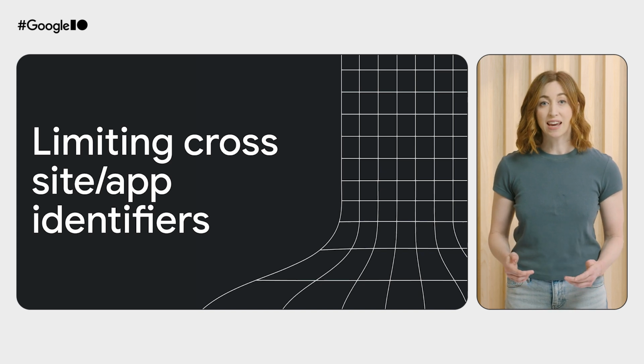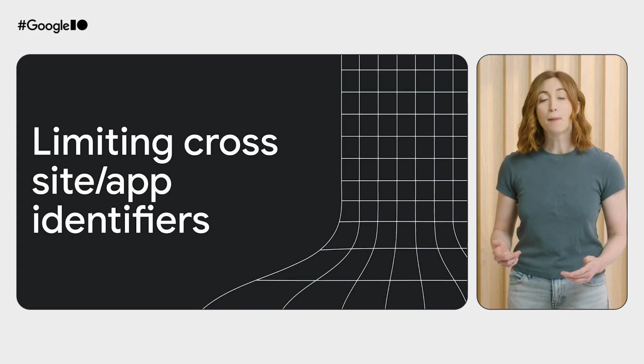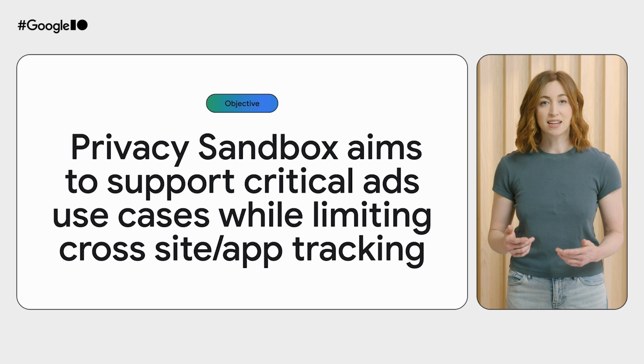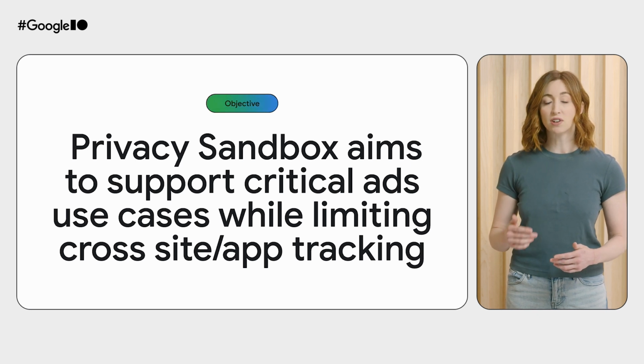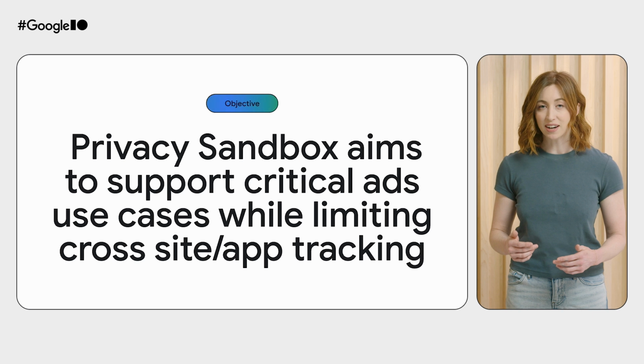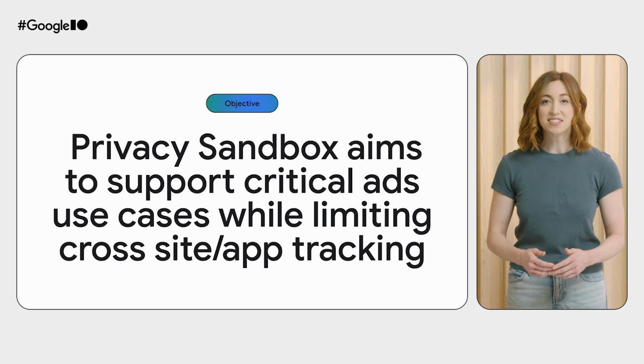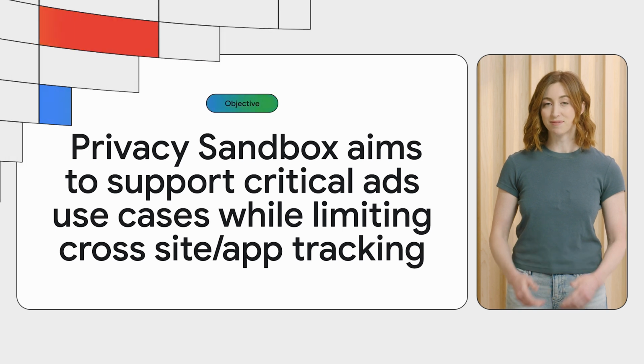Cross-site identifiers can be used to build profiles based on user data obtained from cross-app and cross-site tracking. The Privacy Sandbox is a collection of APIs to support these use cases without relying on cross-site or cross-app identifiers, while improving user privacy. Let's hand it over to Kevin to learn more about these privacy improvements.